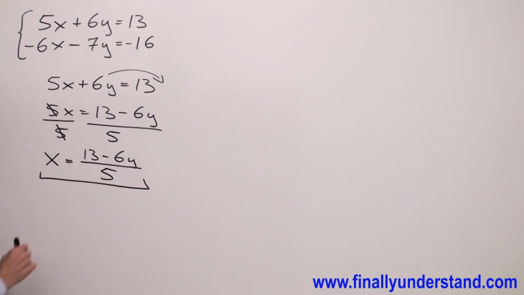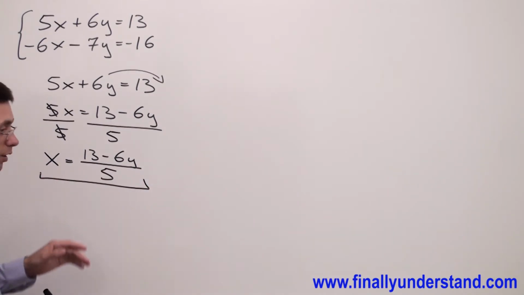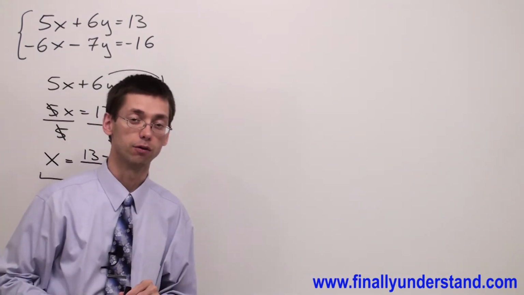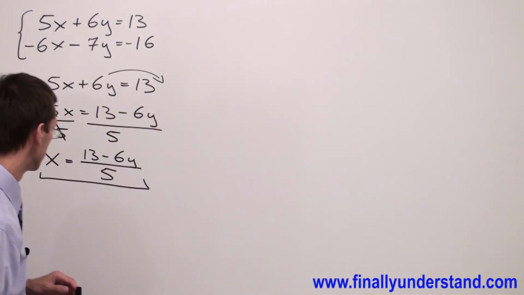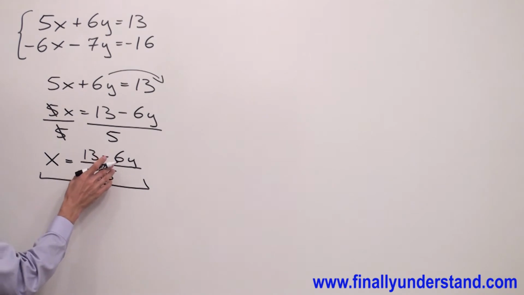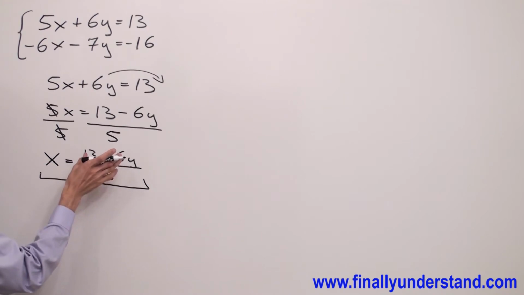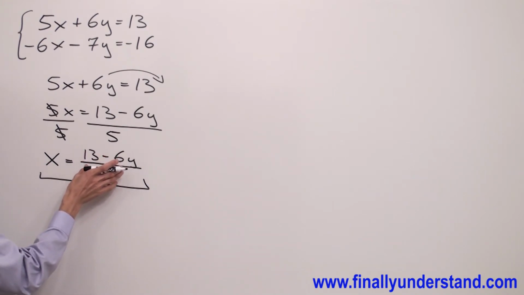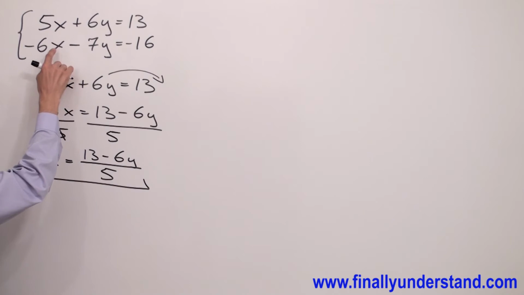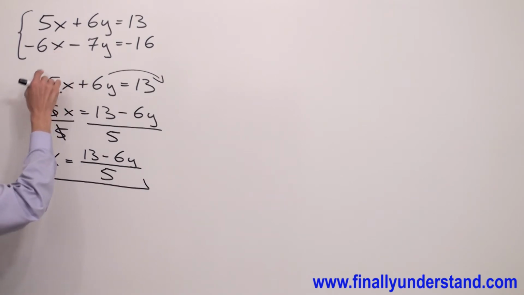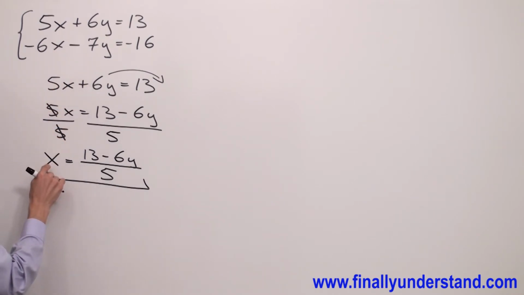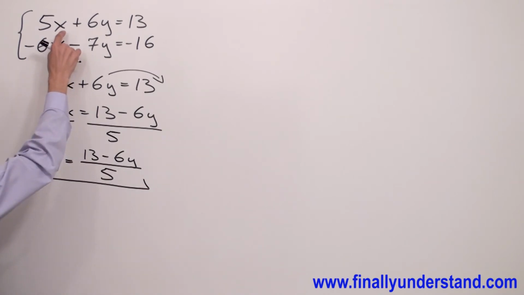Now let me clarify myself. This is not the final value of x. This expression is going to help me find y, because what I'm supposed to do with this fraction is plug it in instead of x into the second equation, because in order to find x, I used the first.